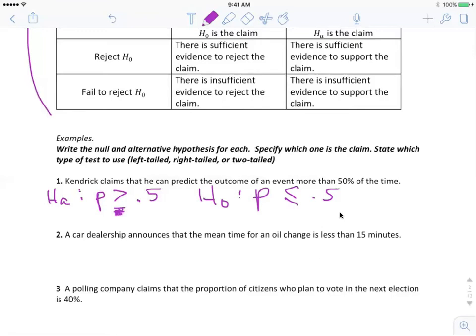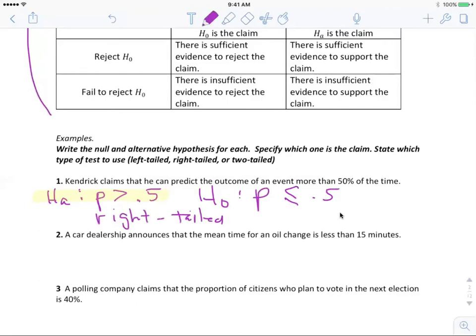Maybe I should just erase that. Let's do something fancy. Highlight it. Okay, that's better. When I try to decide what type of test, I look at the HA, and since it's a greater than, that's going to be a right-tailed test. That'll be important when we start running all these hypothesis tests.